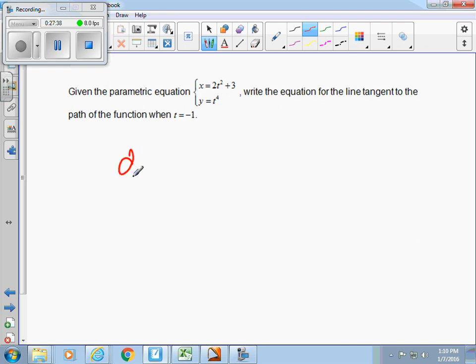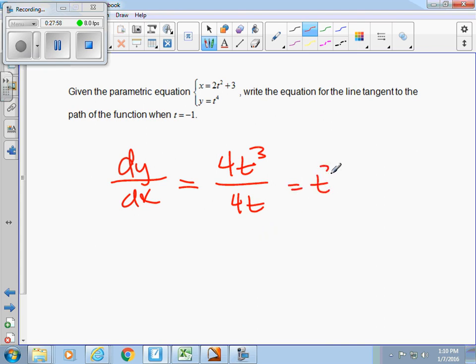Slope. dy dx, which would be 4t cubed over 4t, which is just t squared if you want to simplify.